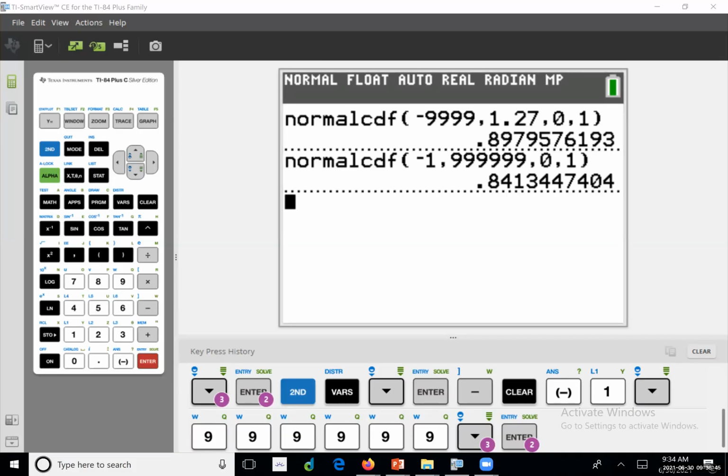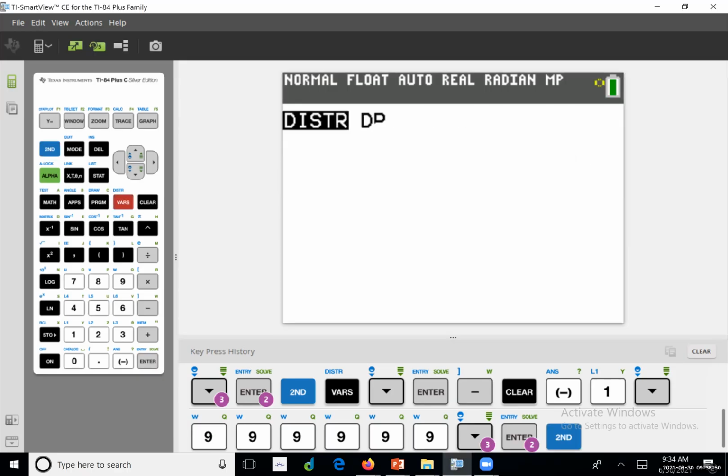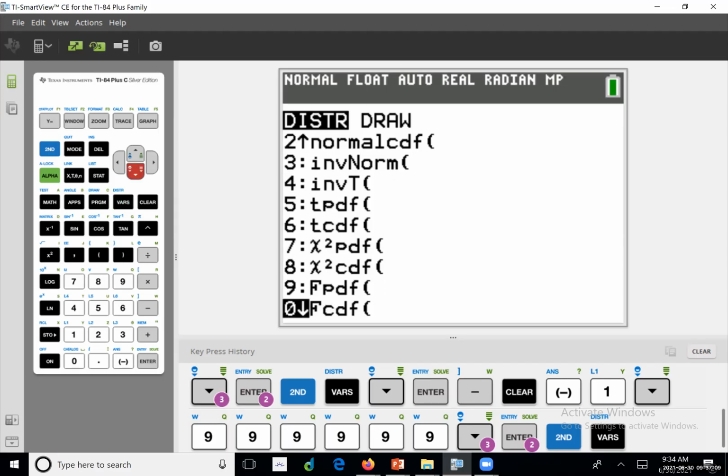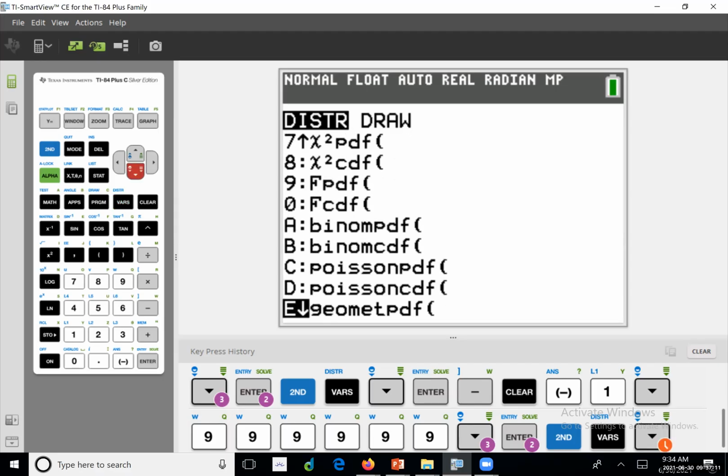So to find the command, you go second, vars. You never use normal PDF for this course. You remember yesterday we had binomial CDF and PDF. That's different.